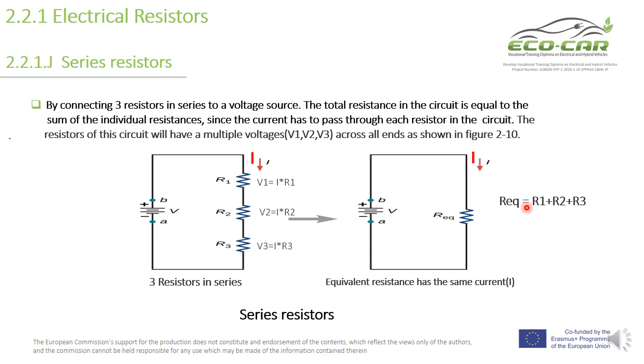So R equivalent equals R1 plus R2 plus R3, and V across this resistance equals R equivalent multiplied by this current, and the current I equals V divided by R equivalent, according to Ohm's law.